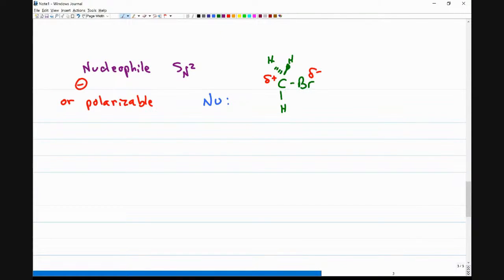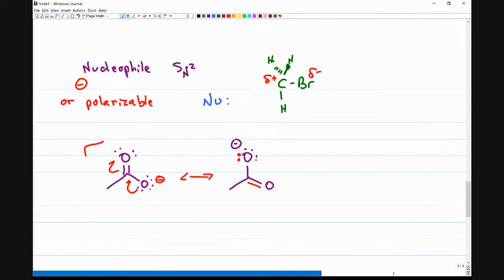I don't know if polarizable is a word, but it's something that we can polarize. So if you think about something like a carboxylate, we know from the acid-base chapter that a carboxylic acid is a pretty strong acid because when you deprotonate it, you have a negative charge on an oxygen that is able to resonate. That negative can resonate here, and that will give me another contributing resonance structure that looks like this, now with the extra lone pair sitting over here, the negative charge on the upper oxygen, and a new pi bond having formed over here.